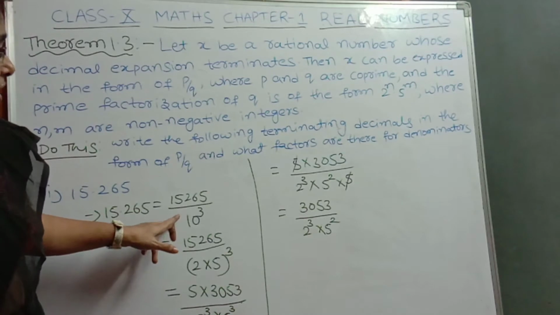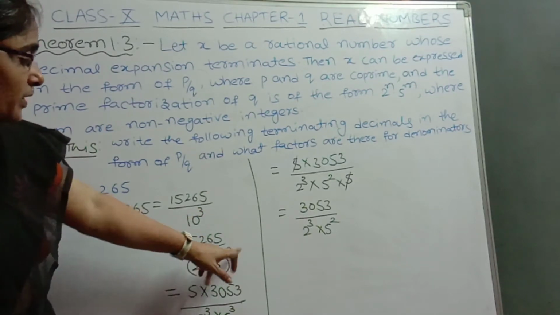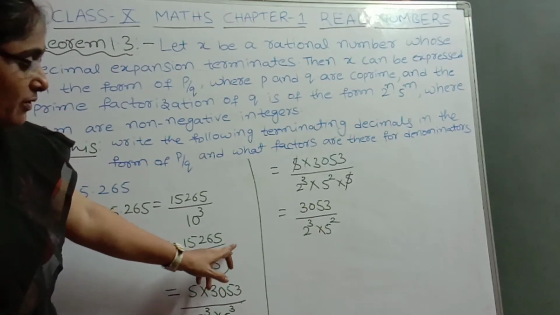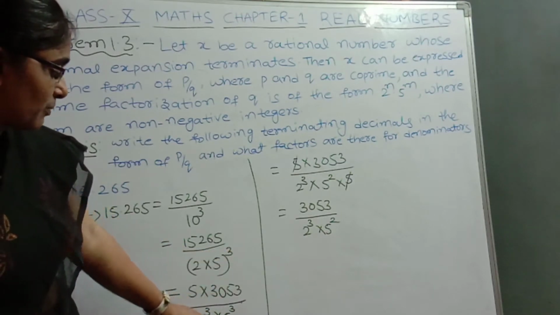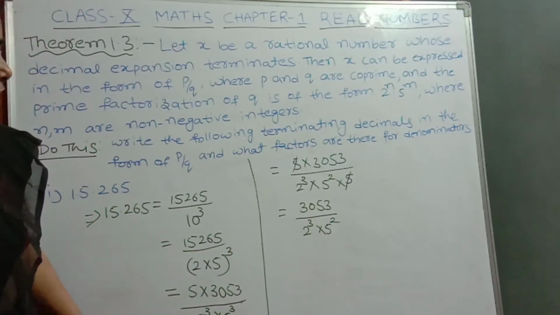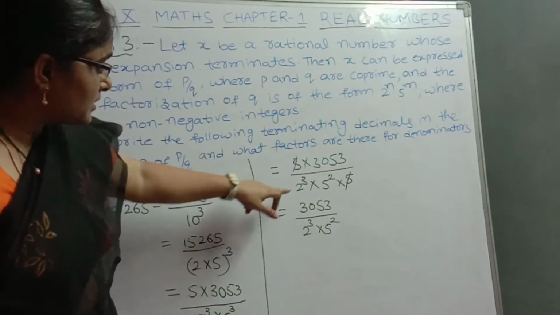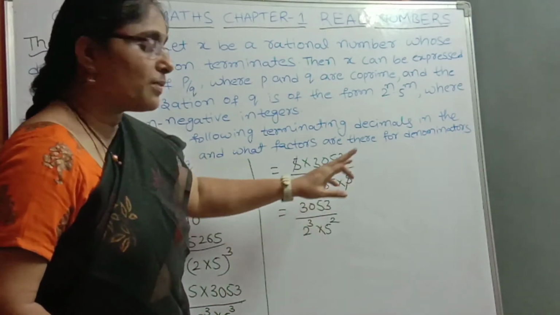And then the denominator part, this is 10 cube, that is 2 into 5 whole cube. Now again it is in the form of a into b whole to the power of m, that is a to the power of m into b to the power of m form, that is 2 cube into 5 cube. Now 5 into 3053 by 2 cube is as usual, and this 5 cube I am writing as 5 square into 5 to the power of 1.